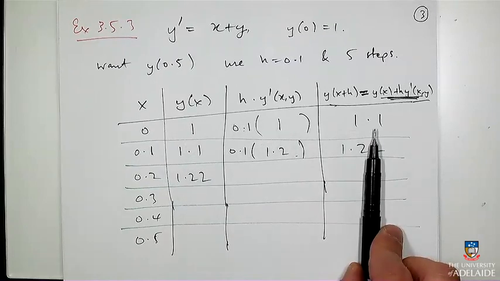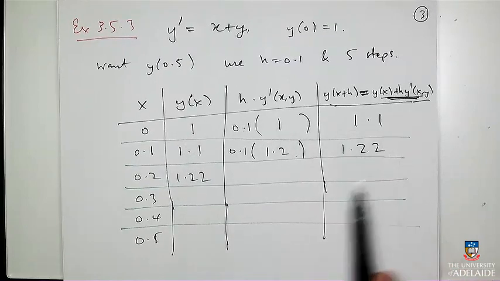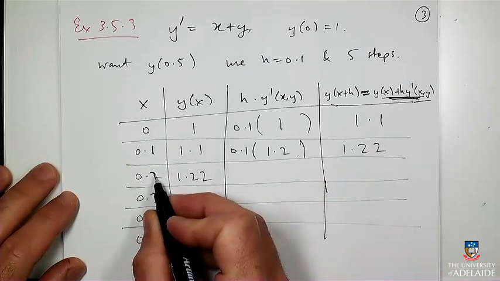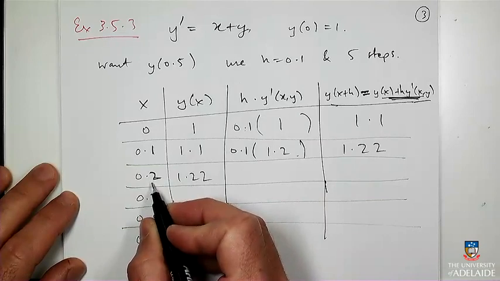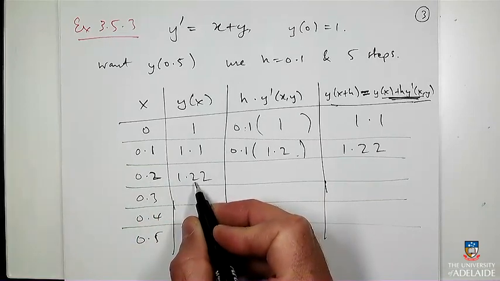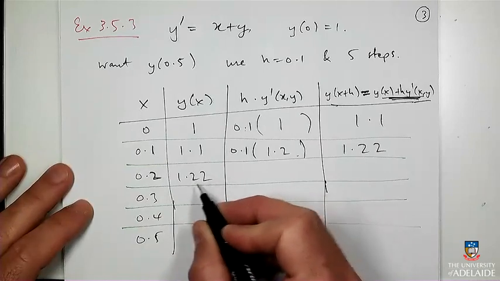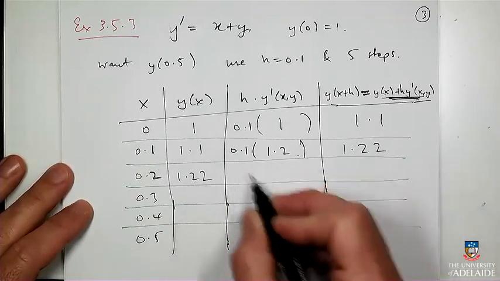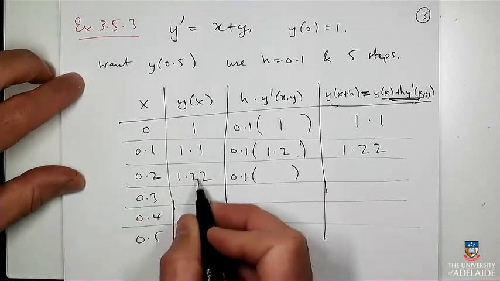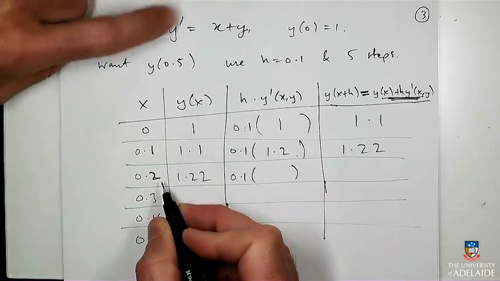That gives you your next guess. And then this number goes in here. So for x equals 0.2, our guess for y of 0.2 is this. What is our guess for y of 0.3 going to be? It's going to be 1.22 plus this. This is going to be h times, put these numbers into here.